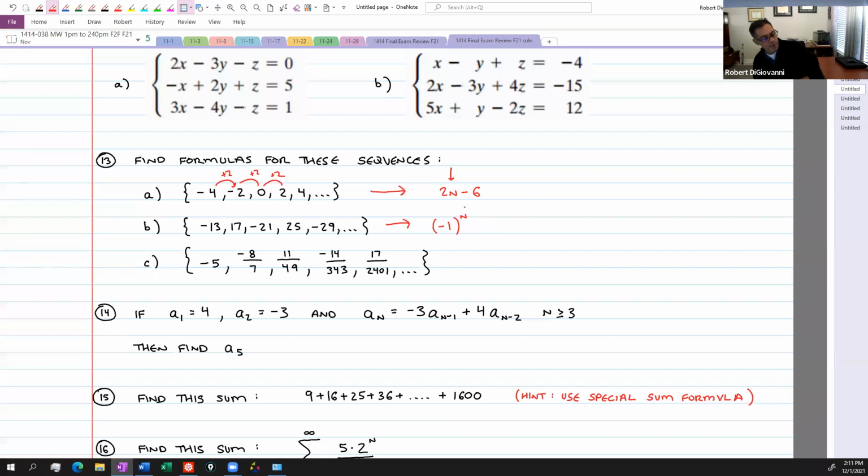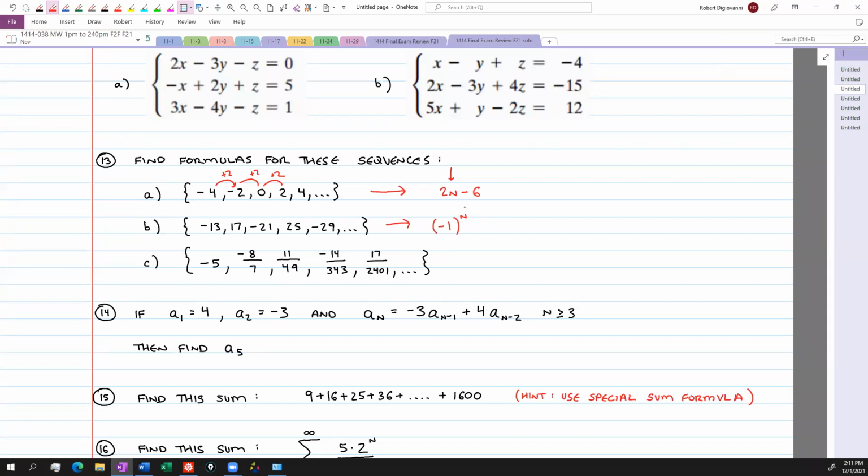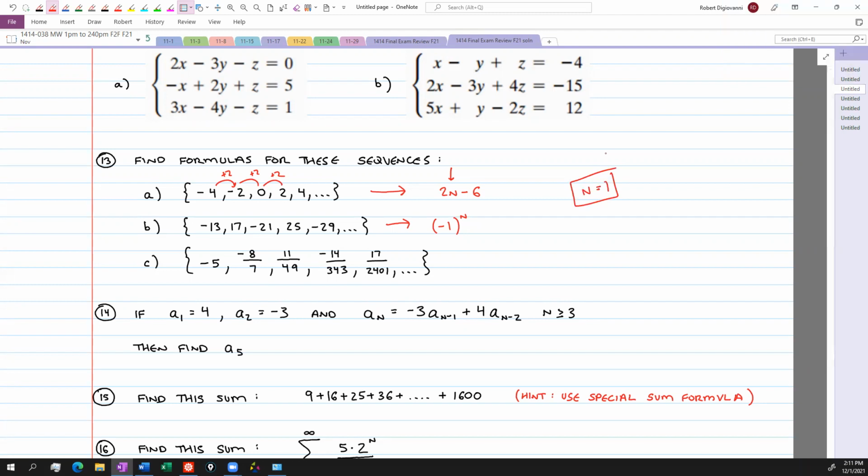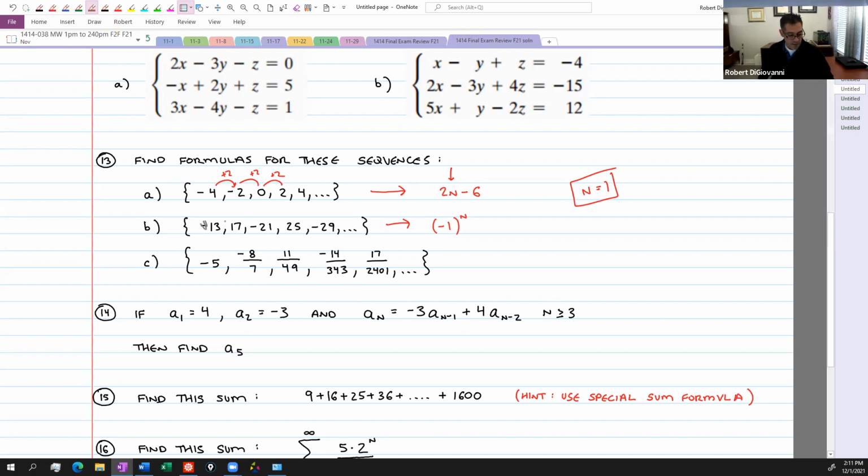If you do n plus 1, then you're going to start out positive, right? Because we're going to start n at 1. We're always going to start n at 1 here, at least here. In Cal 2, you can start n at different places, but here we're just going to start at 1. So we'll want -1 to the n. That should start us negative. And that'll take care of the negative sign.